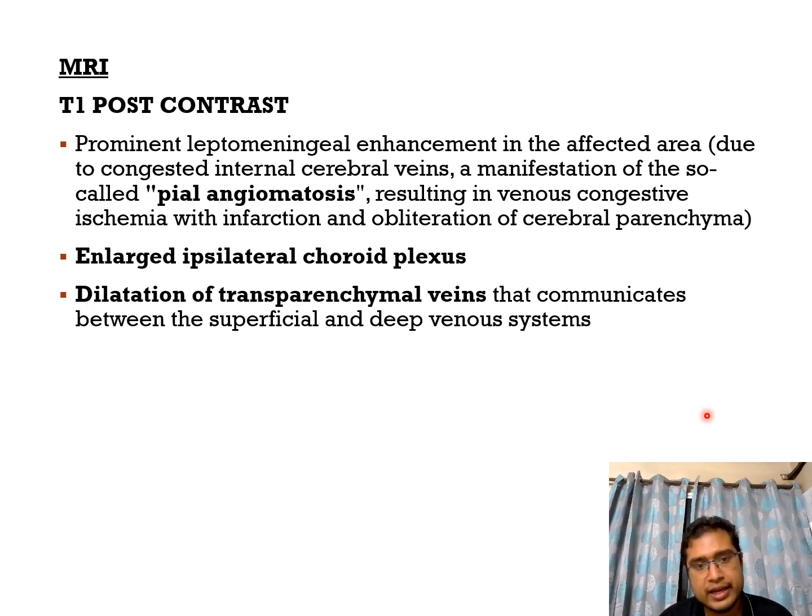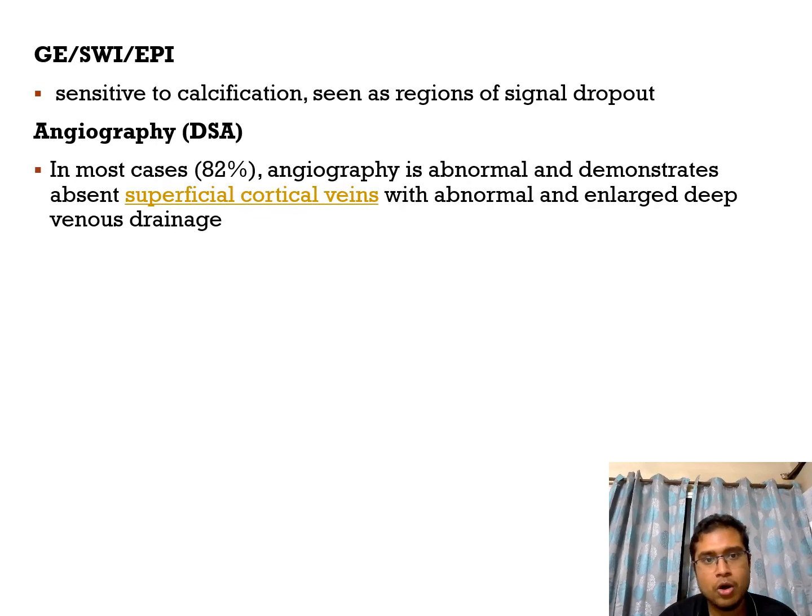Other than that, there is enlargement of the ipsilateral choroid plexus and dilatation of the transependymal veins that communicate between the superficial and the deep venous systems. On GRE sequence, which is sensitive for calcifications, we can find blooming. And on DSA or angiography, in most cases angiography is abnormal and demonstrates absence of superficial cortical veins with an abnormal and enlarged deep venous system.